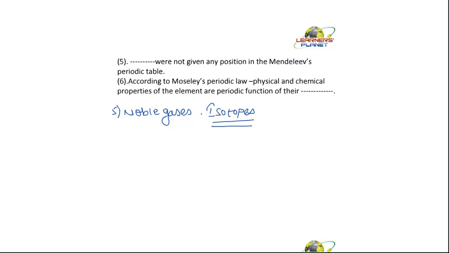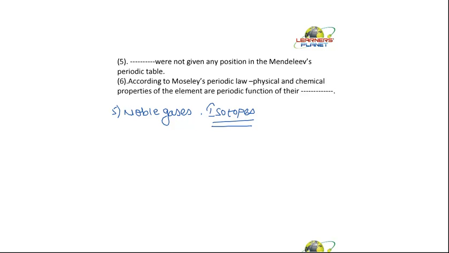Now students, what did Mendeleev do? He actually arranged the elements according to their atomic masses. Now if he is arranging the elements according to atomic mass, then isotopes should have been given a position in the table. Because what are isotopes?